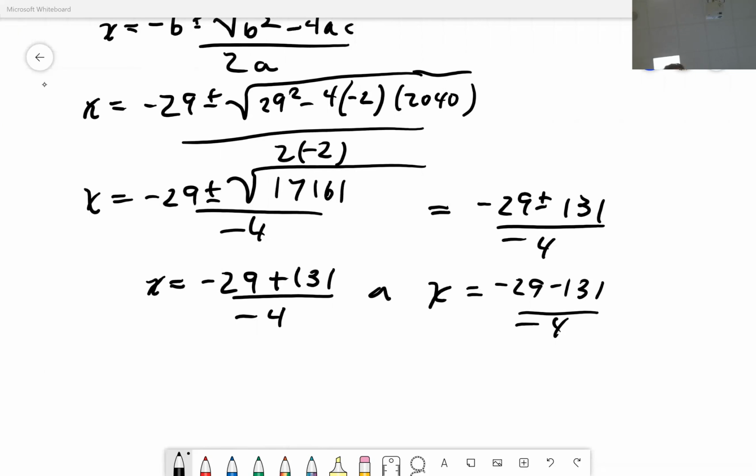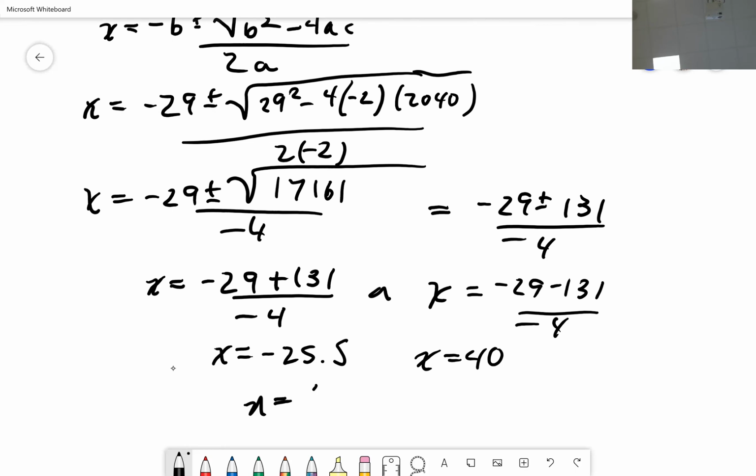Negative 29 plus 131 divided by negative 4 is negative 25.5. So you know that one can't be. And then you get the next one, negative 29 minus 131, so negative 160 divided by negative 4. And obviously, this is the answer.